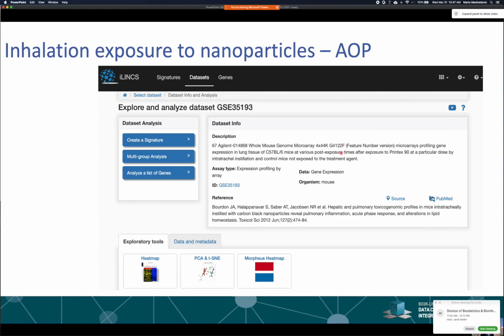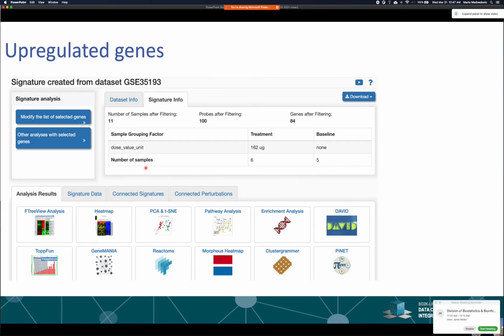These are nanomaterials, and the experiment is a mouse treatment by inhalation of Printex 90, and then lung transcriptional profiling after treatment. So we use this data set, and we go through this create signature workflow. It just tells us to select your samples to compare.